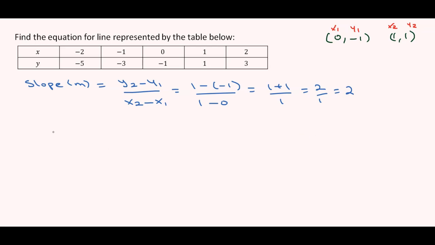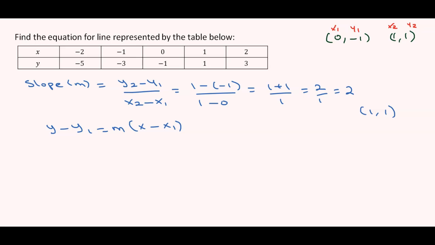The next thing we're going to do is pick a point, because we're going to use that point to find the equation of the line. So I have y minus y1 equal to m, which is our slope, times x minus x1. I'm just going to pick the point 1, 1 as my point. You can actually pick 0, negative 1 if you desire, but I'm just going to use 1, 1.